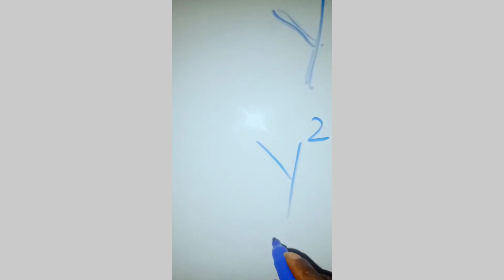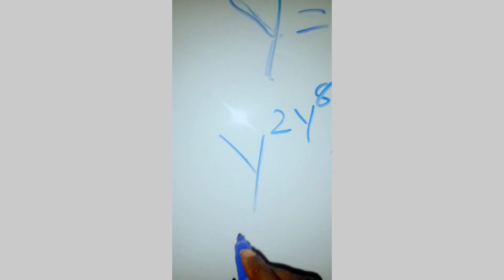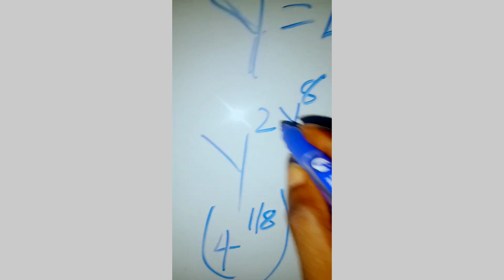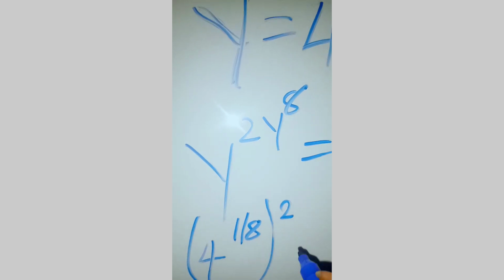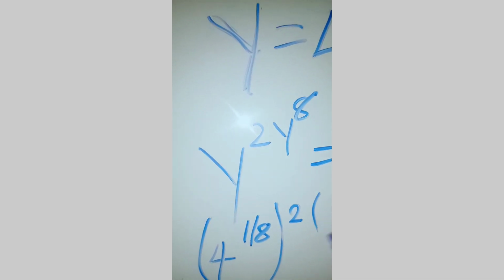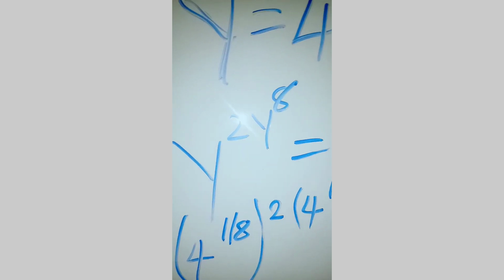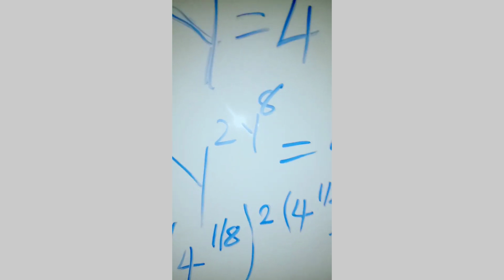Now let's look at it. Y is where? Here we have y, so we are replacing it with 4 raised to power 1 over 8 first. Then we have 2 next as a power. Then y next, remember the y still remains 4 raised to power 1 over 8. Then raised to the power of 8.